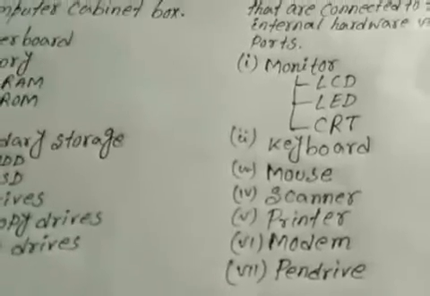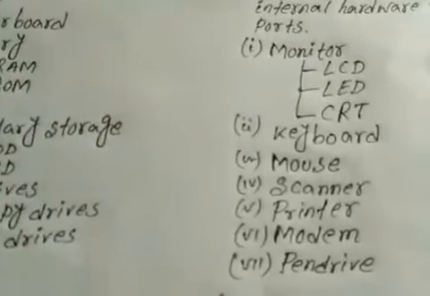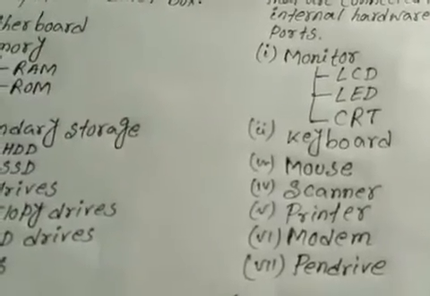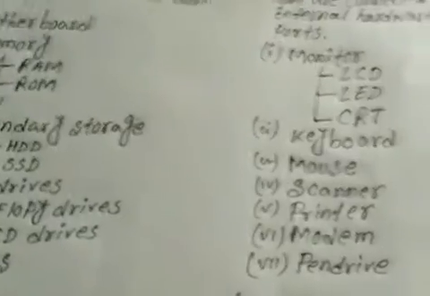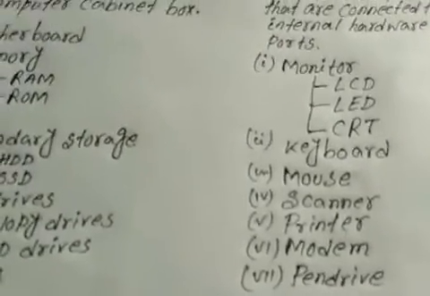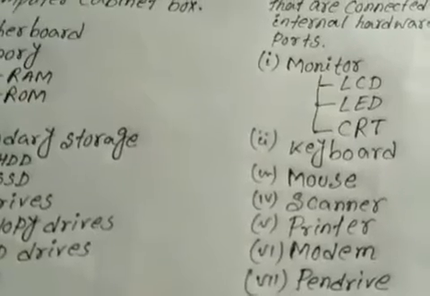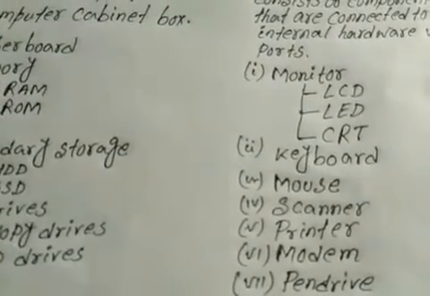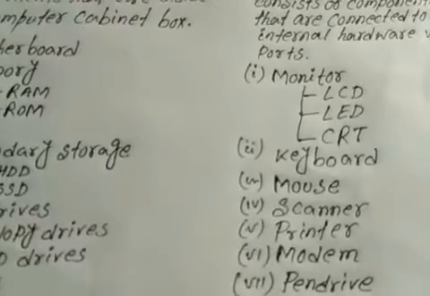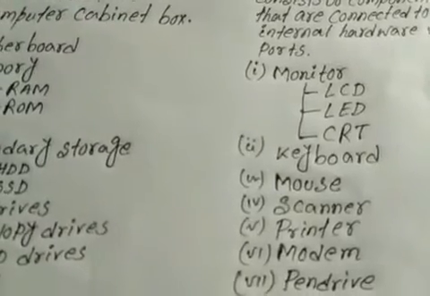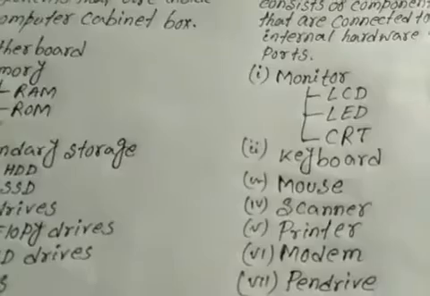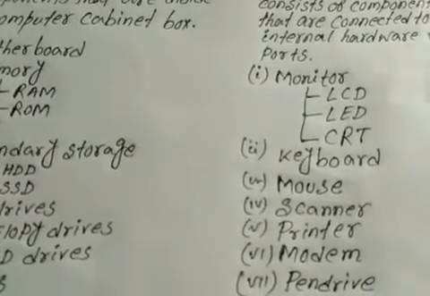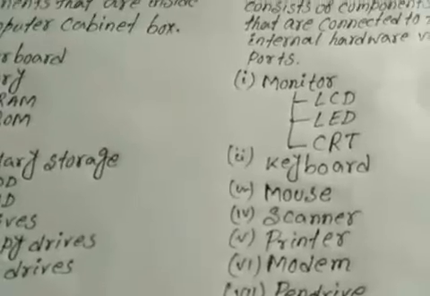Then printer. Printer is an important part of a computer. It produces the output on paper. The most commonly used printers are dot matrix printer, inkjet printer, laser printer, etc. Then modem.